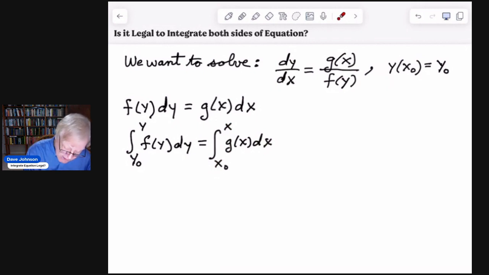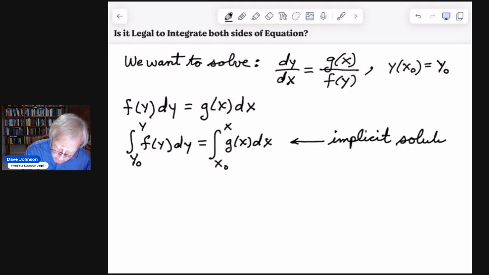So, okay, now what we're going to do next is we're going to differentiate both sides with respect to x. Now, before I do that, notice that this is the implicit solution of our equation, y as a function of x. In other words, what we have here, here's our y.